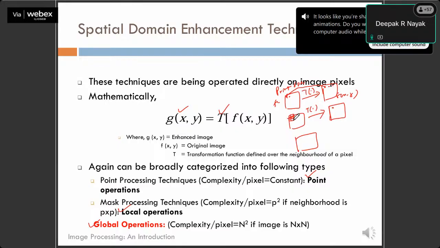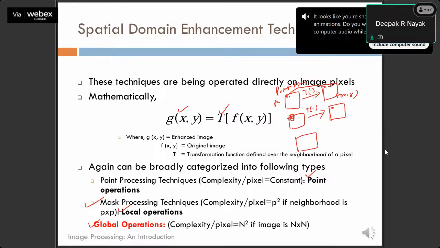I hope you got my point. That is why they are called local operations or mask processing operations. This will be discussed later on.